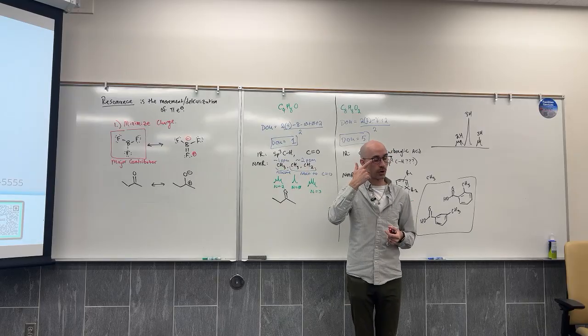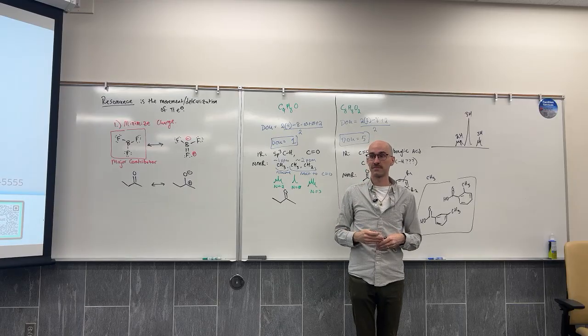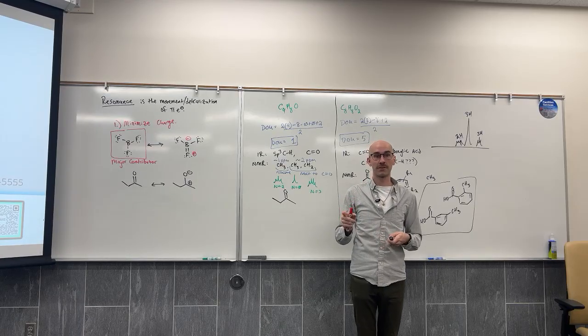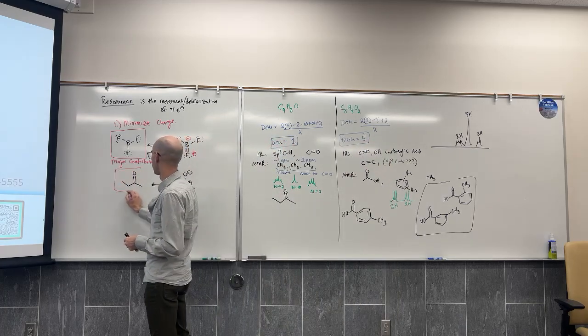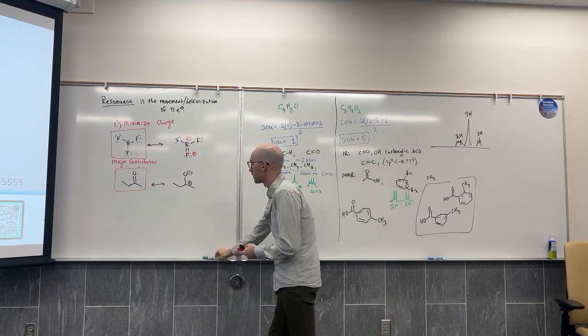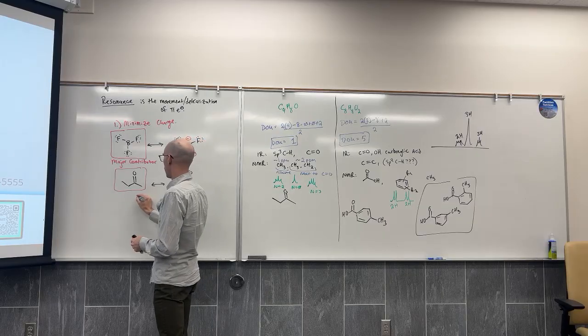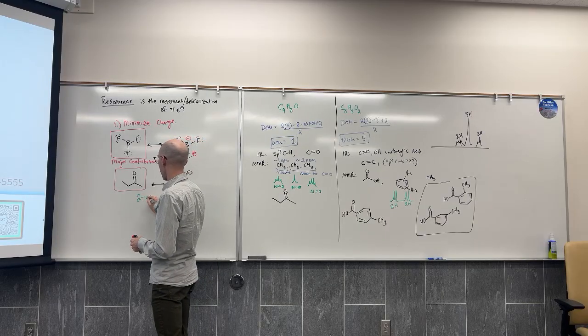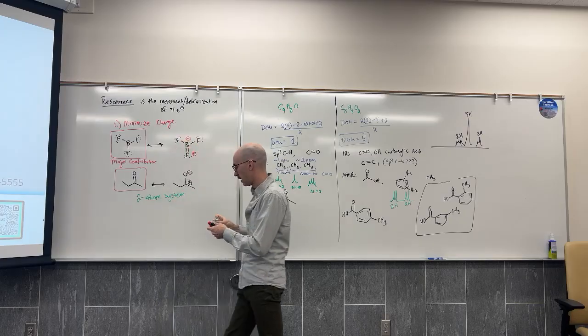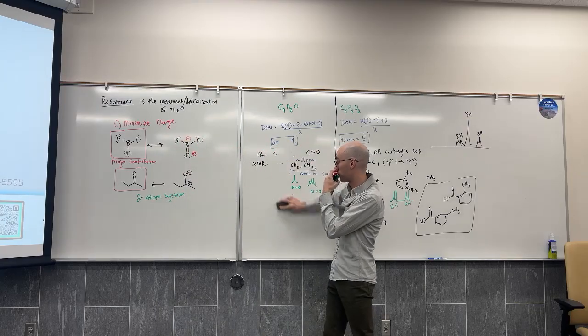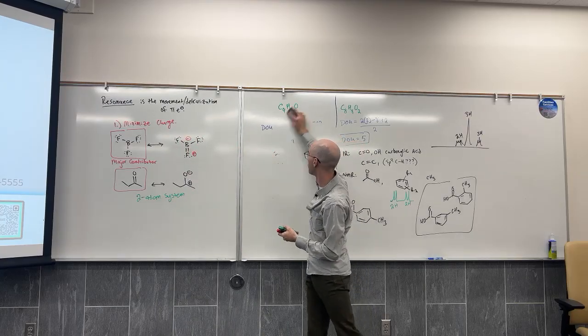Which of these resonance forms is a major resonance form? The one on the left, because it has minor charge or minimum charges. It has no charges. Major contributor. By the way, this is what I refer to as the two-atom system, where you simply have two atoms that you're moving pi electrons between.